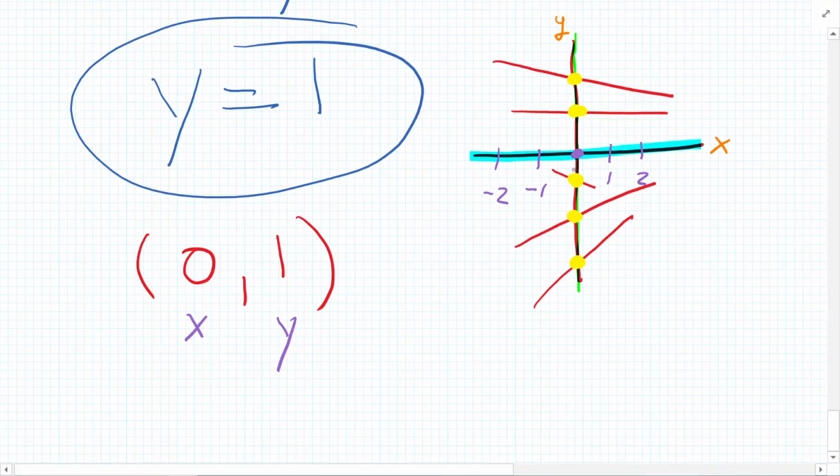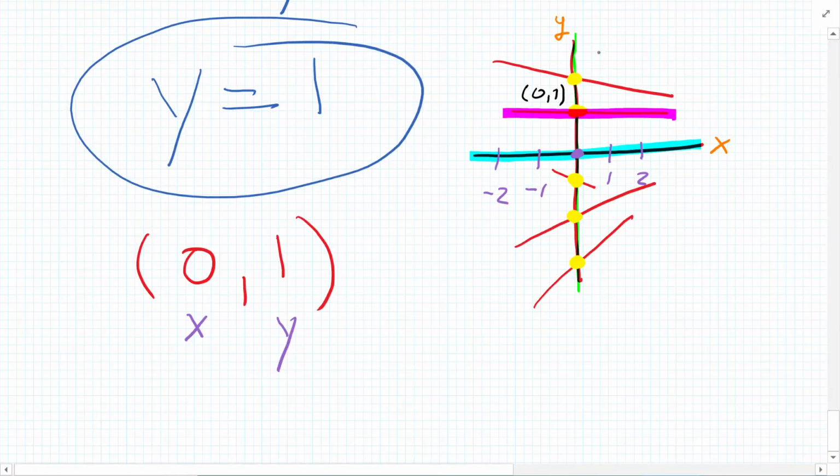When x is 0, this is the value of y. Which line could be represented by this problem? Well, it would be this one. I'm going to highlight it in purple, pink. This could be the point 0, 1.